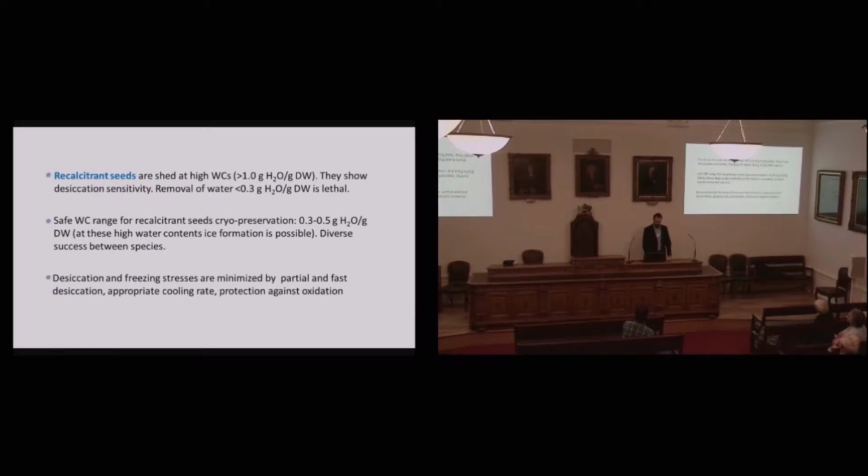So what people have been doing to avoid that is trying to desiccate as much as possible without losing viability, using appropriate cooling rates, in this case really, really fast cooling, and trying to protect against oxidation during the whole process from the excision to the recovery.